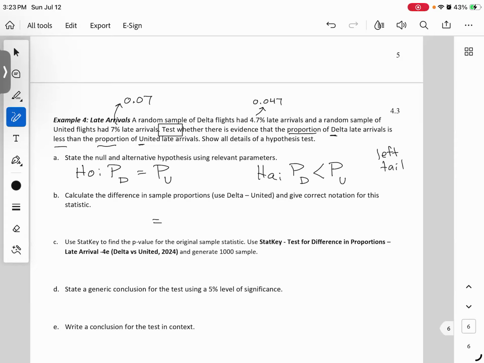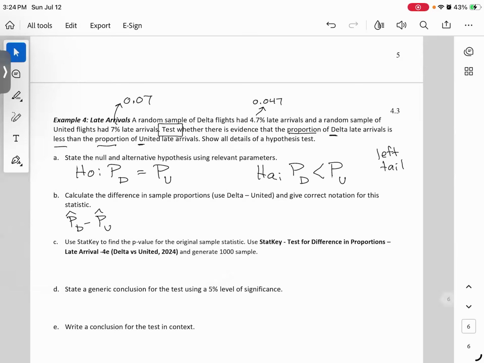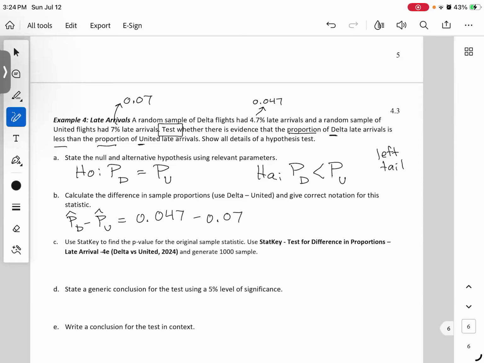Now, for what actually happened when they did the data, they had a sample proportion for Delta and a sample proportion for United, and I went ahead and put in there to do Delta first, which is the 0.047 minus the 0.07. Does it matter which group you put first and second?